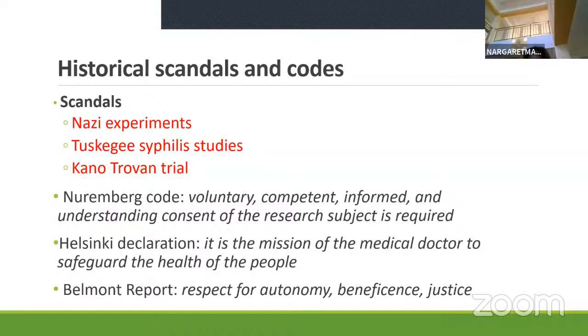There was no informed consent applied at the time. Then there's the Tuskegee syphilis study. Some Black people were infected with syphilis, and the doctors refused to give them the needed treatment, even though it was available, because they wanted to follow the course of the infection to the end, even though it may end, and did end, in the deaths of some of the participants.